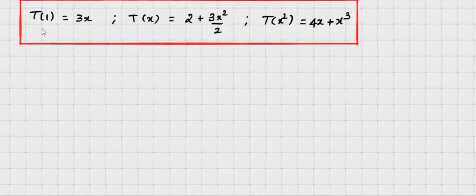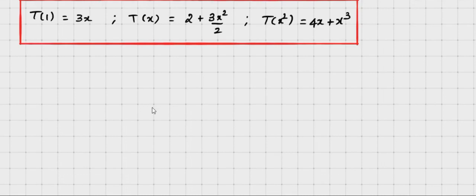Now our aim is to write these, that is T of 1 equal to 3x, as a linear combination of the basis of the output set, that is P3 of R, that is 1, x, x square and x cube. To be short, we have to write 3x, 2 plus 3x square by 2, as well as 4x plus x cube as a linear combination of 1, x, x square and x cube.